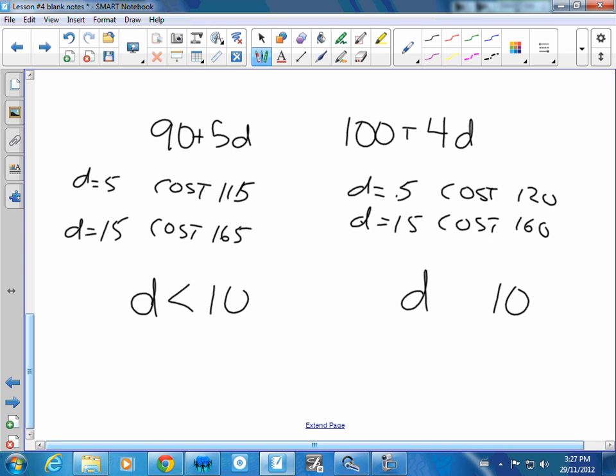Okay, so you're telling me on the first one, if it's less than 10 days, which one are you going to pick? Is it going to be cheaper? Yeah. If D is greater than 10 days, which one are you going to pick? B. Right? What if it's exactly 10 days? Doesn't matter. Right? This is inequalities.